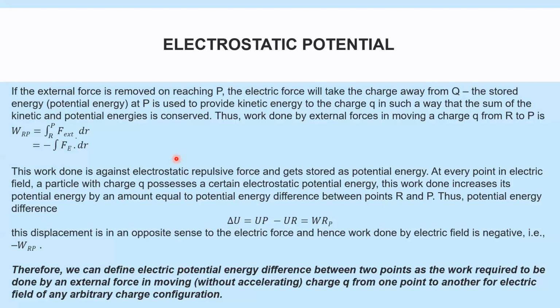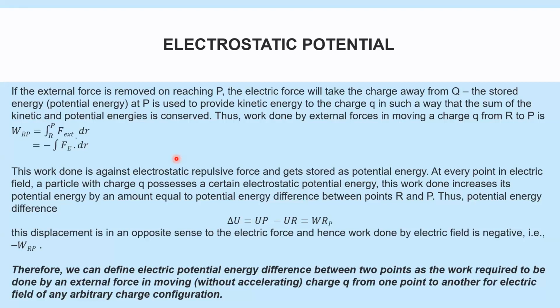As we said before, the electric force is conservative in nature. So the potential energy that is stored in the test charge Q when we brought it from R to P is stored.